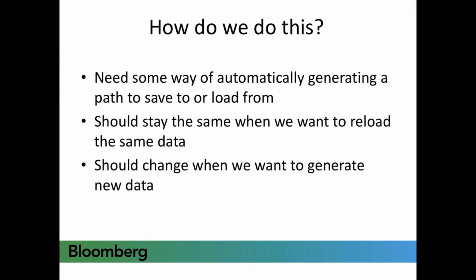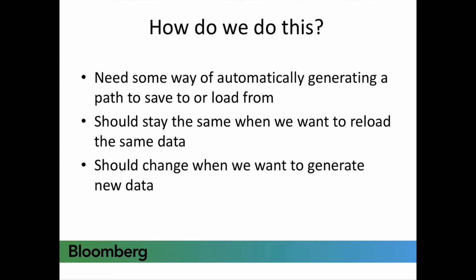What are the things that we need in order to do this? One of the key things is, since we're saving this somewhere and loading it later, we need to save it to some path. And so we need some way of generating a path automatically. And that path, we want it to stay the same if we are avoiding redundant computation.